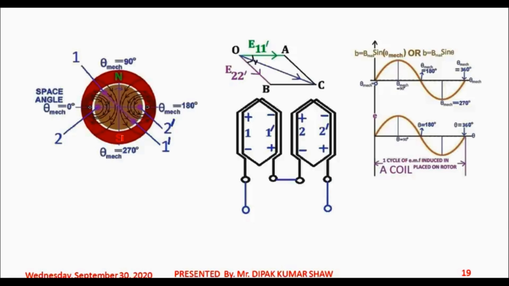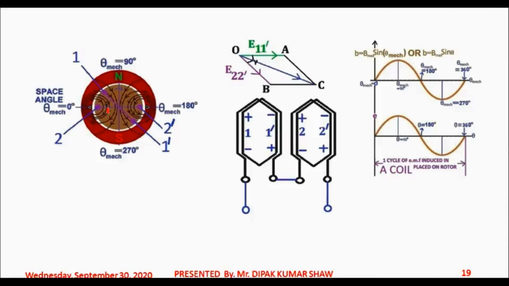But since the rotor is rotating in clockwise direction, at some point of time, coil side 1 would be under the center of north pole and coil side 1 dash would be under the center of south pole. So what will happen? The peak of the induced EMF will happen in the coil 1 1 dash, positive peak. And after a further gamma degree of rotation, coil side 2 will be coming under the north pole center and coil side 2 dash will be coming under the south pole center, a gamma degree rotation of the rotor. So what is this gamma?